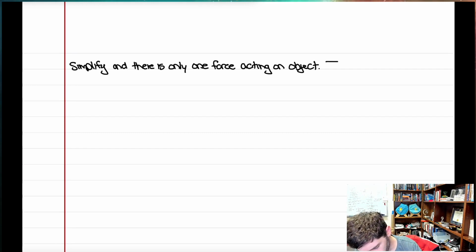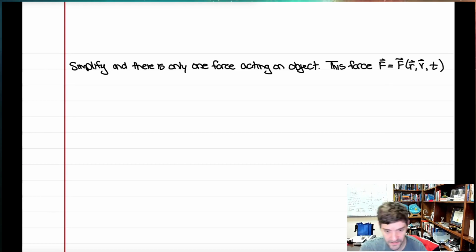So this force, if I want it to be as general as possible, could be a function of position, a function of velocity, or a function of time itself. A position-dependent force, or a constant force, or something like friction or air resistance, which might include velocity, or some sort of time-varying force. It's a fan that's hooked up to a motor that you turn on and off at regular intervals. The amount of air resistance, say, or wind pushing against you will change depending on whether it's on or off.